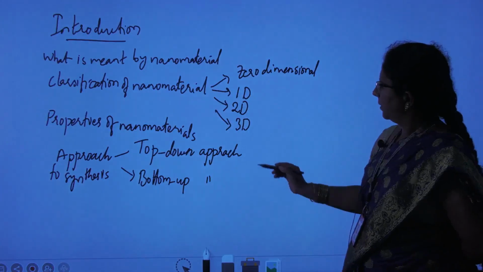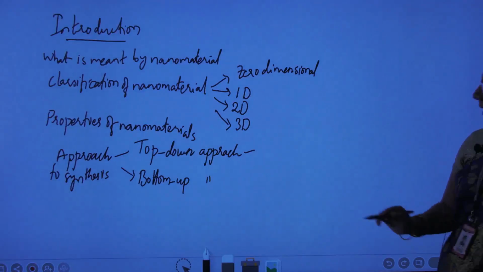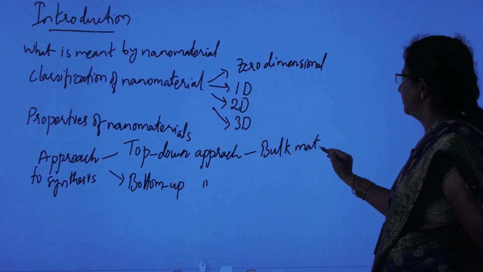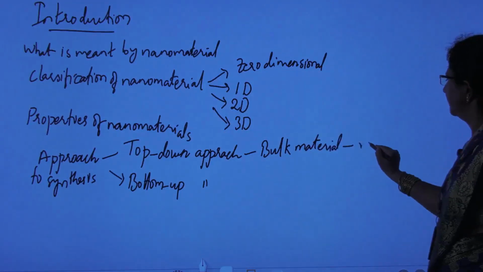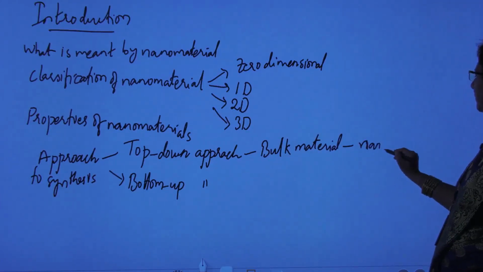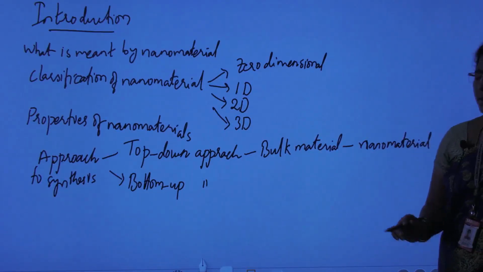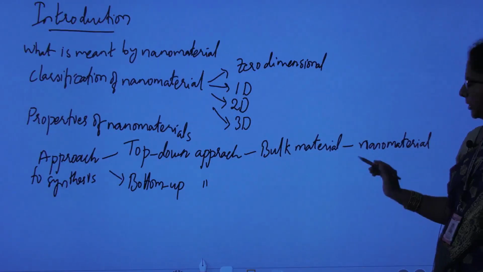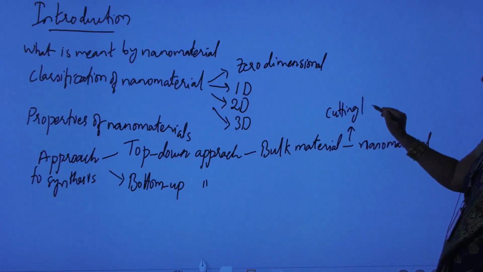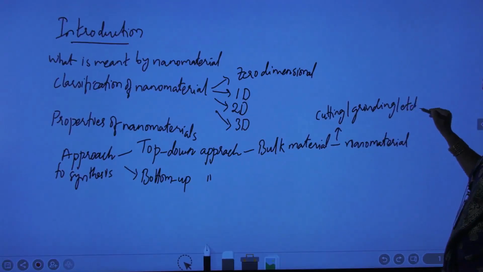Top-down approach means we start with materials of bulk size, and that bulk material will be made into nanomaterial. Here, the bulk material can be transformed into nanomaterial either by cutting, or by grinding, or by etching.